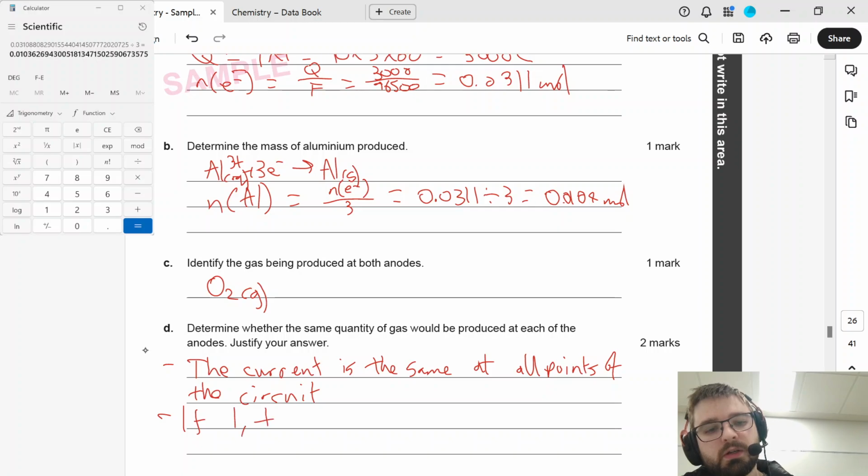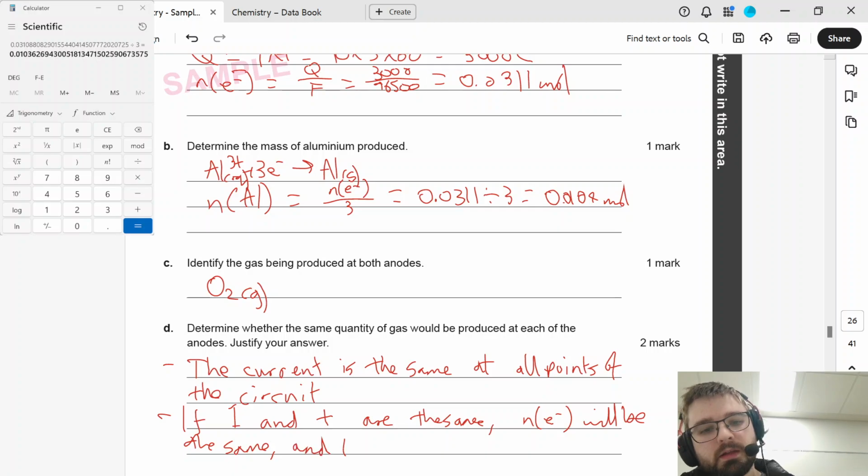If current and time are the same, then the amount of electrons will be the same, and thus the amount of oxygen gas.